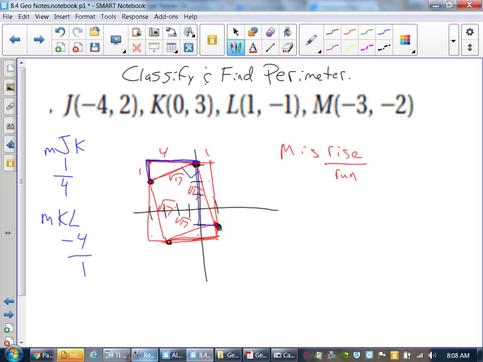Then you check it going to the next one. Now, when you have lines, slopes are positive if it's going up and right. Slopes are negative if they're going down and right. Remember that? So from back to here, I had to go up 1 over 4. So the next one is 1/4. This one was down 4 over 1.